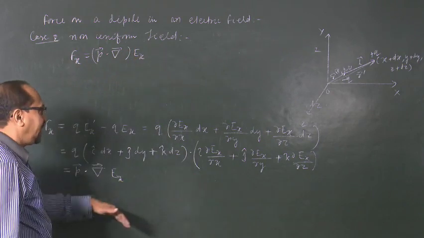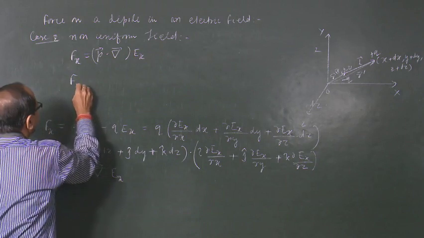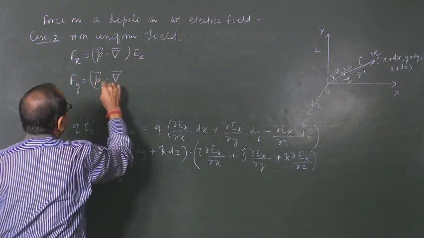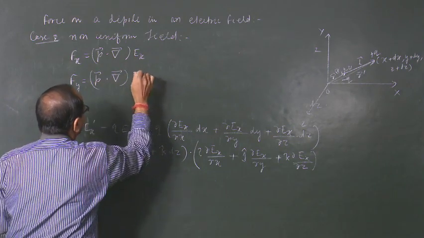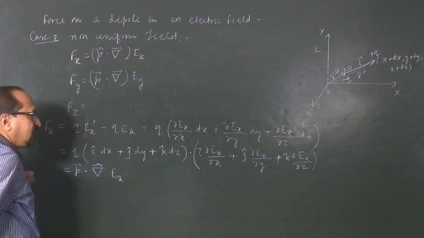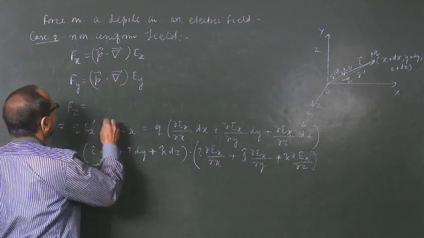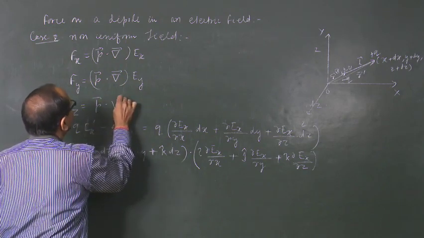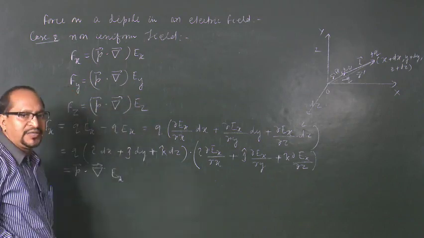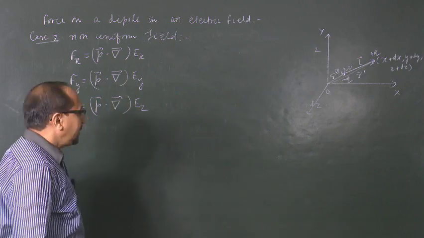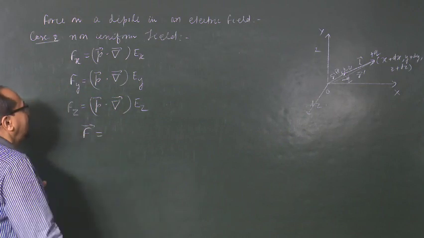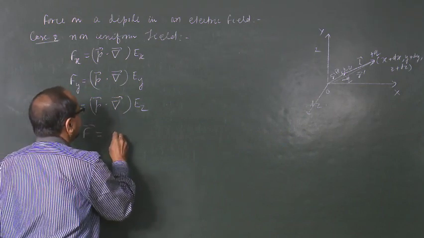Similarly, we can derive that the y component of the total force, F_y, will become (p dot del) operating over E_y, and similarly the z component of the total force acting on the dipole, F_z, will become (p dot del) operating over E_z.